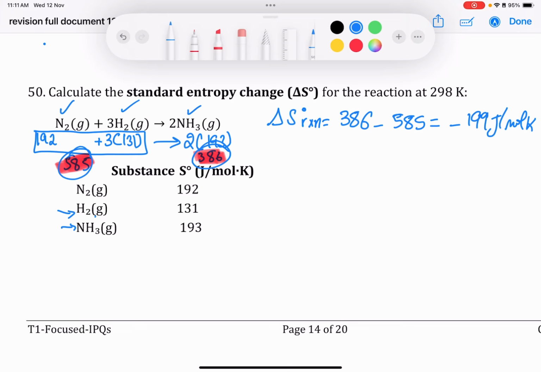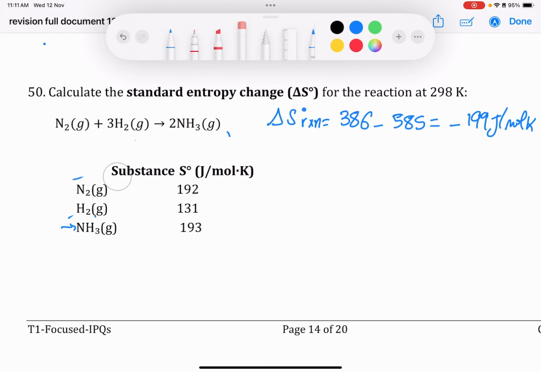Now again, I can do it in a different way. The minute you look at the equation, you highlight the reactants and the products. So here is NH3, and I must multiply it by 2 because there are 2 moles here. And here are the reactants, and for these I need to multiply the hydrogen by 3.